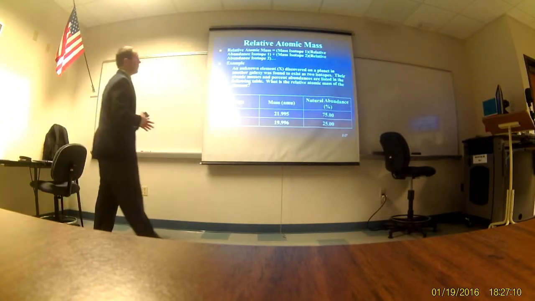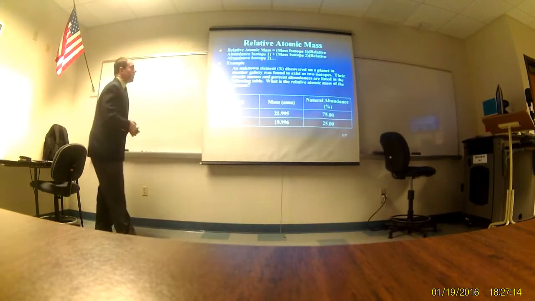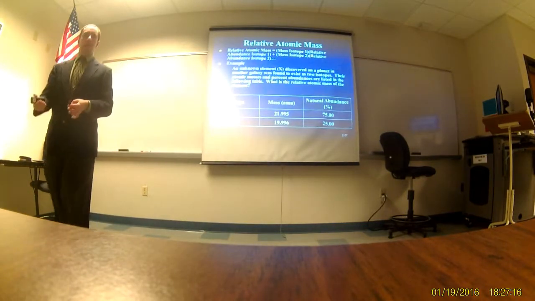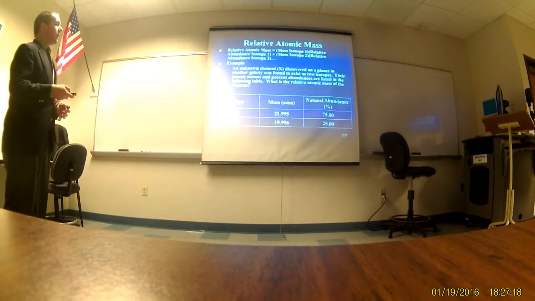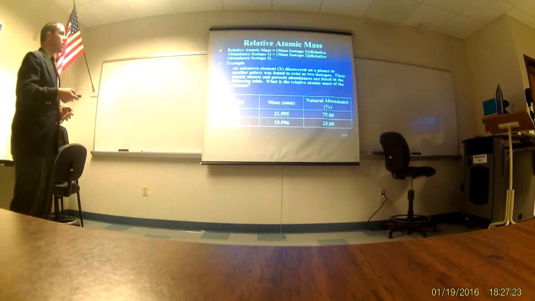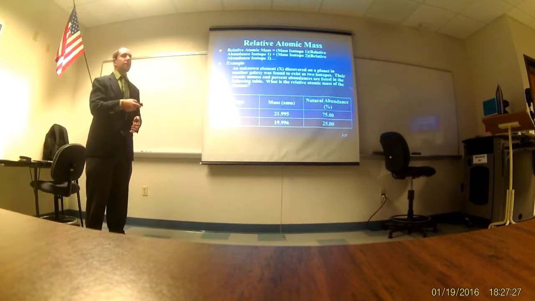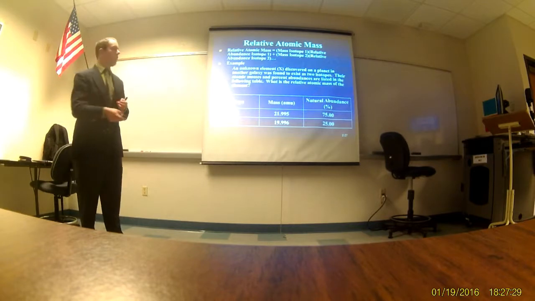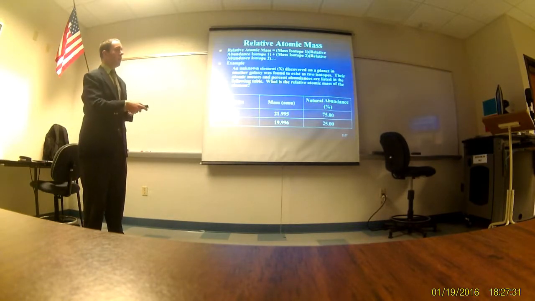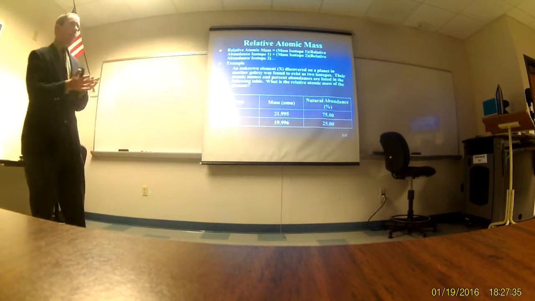So this is an example of a question where you would calculate that. We've discovered a new element. We found the 2 isotopes. We know their masses, and we know the percent abundance. The percent abundance is what we call the percentage of how much of that element is made up of that isotope.